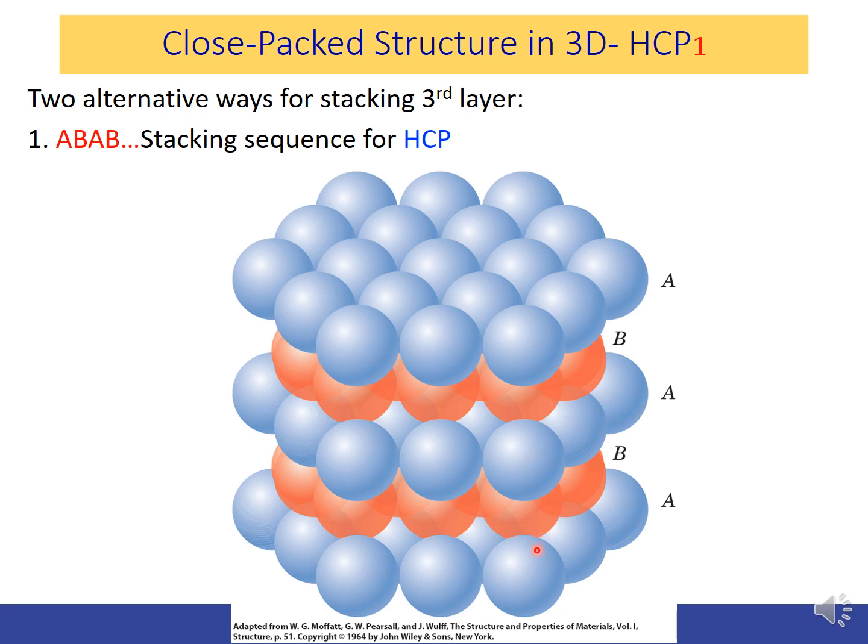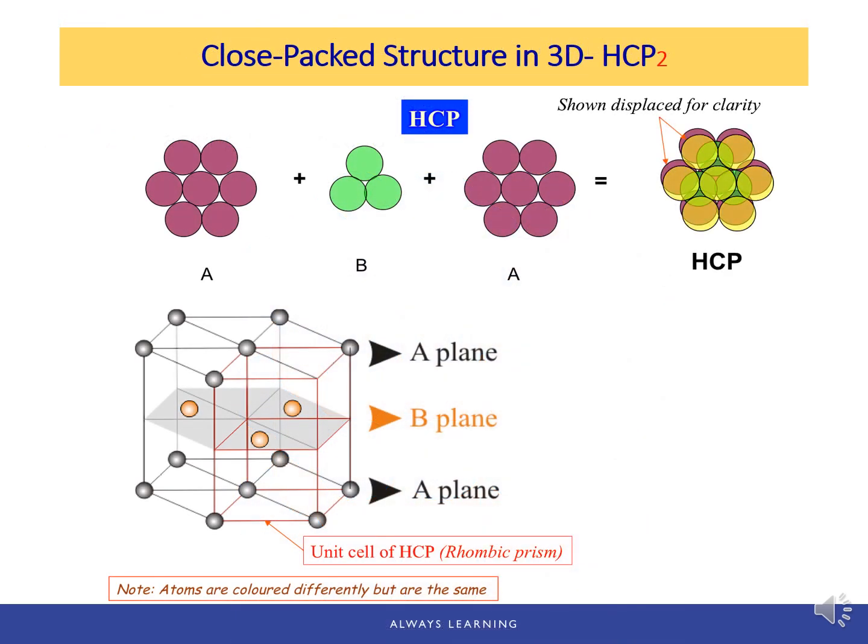If we keep doing this stacking, A, B, A, B, A, B sequence, we will form the HCP structure, which is the hexagonal close packed structure.